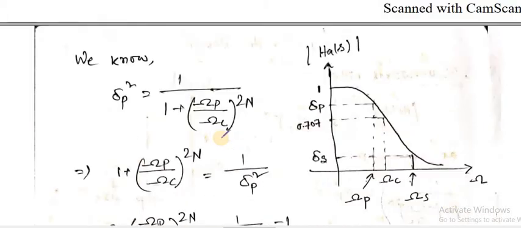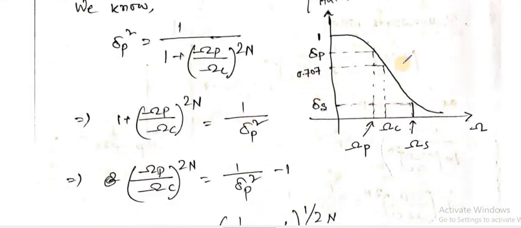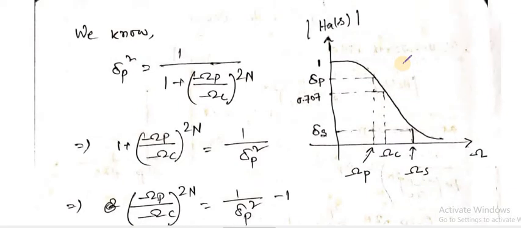Now, this is the typical frequency response of a low pass filter. Here we will define a very important term in the case of a filter, the cutoff frequency. At the cutoff frequency, the gain is reduced to 0.707 of its maximum gain.